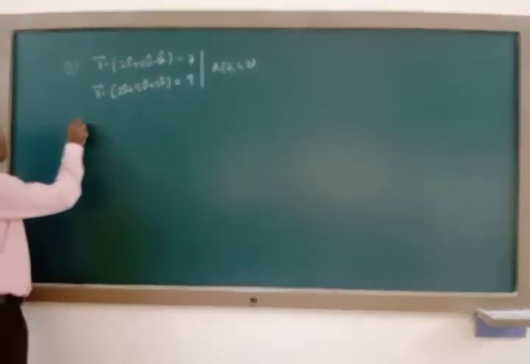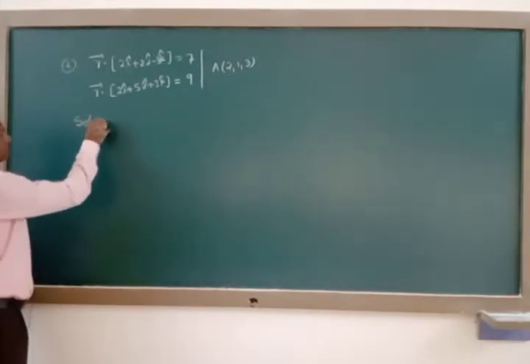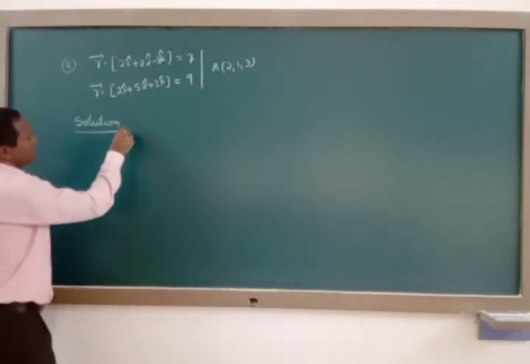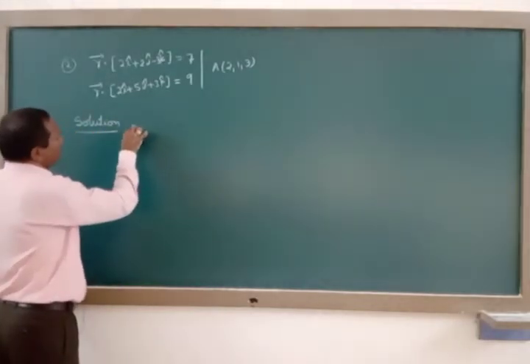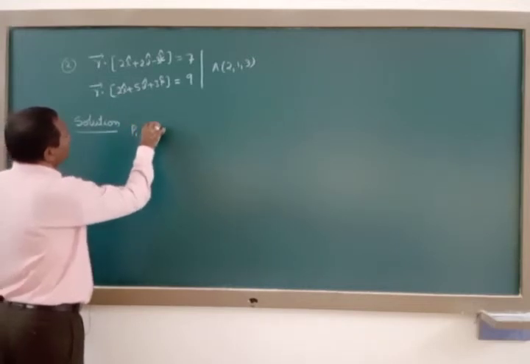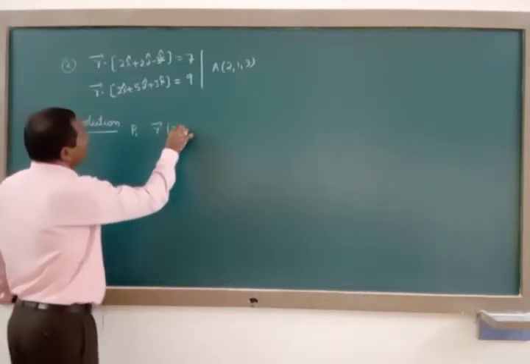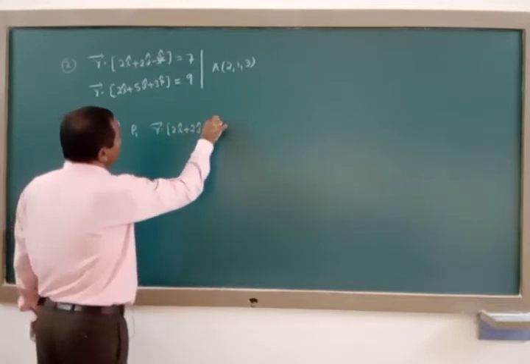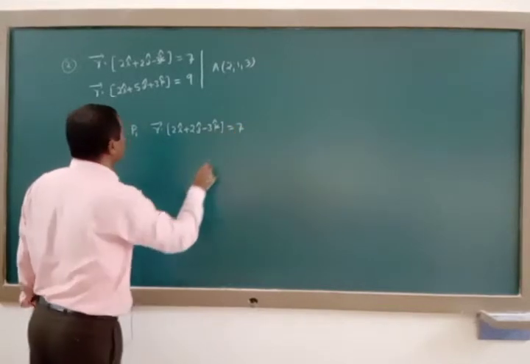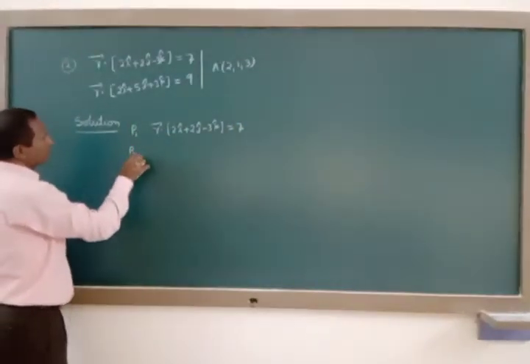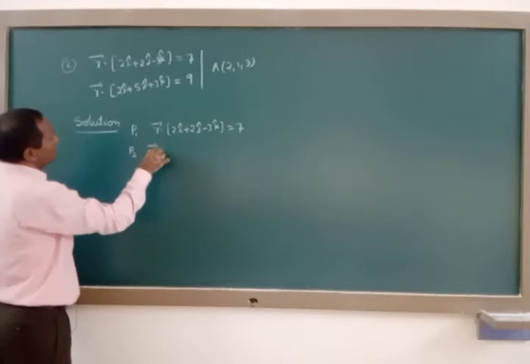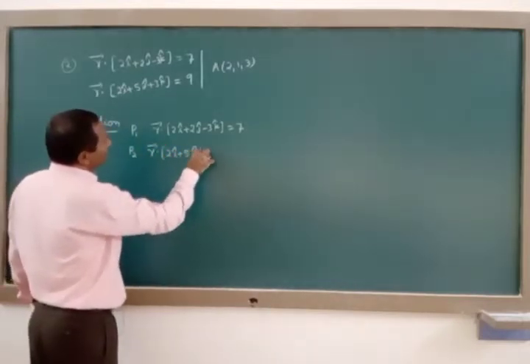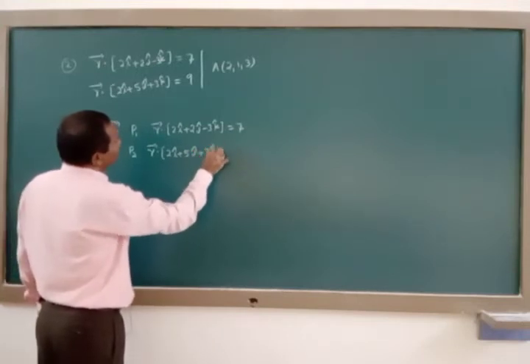Solution for this question is: let the given planes be P1, r vector dot of 2i cap plus 2j cap minus 3k cap is equal to 7, and P2, r vector dot of 2i cap plus 5j cap plus 3k cap is equal to 9.